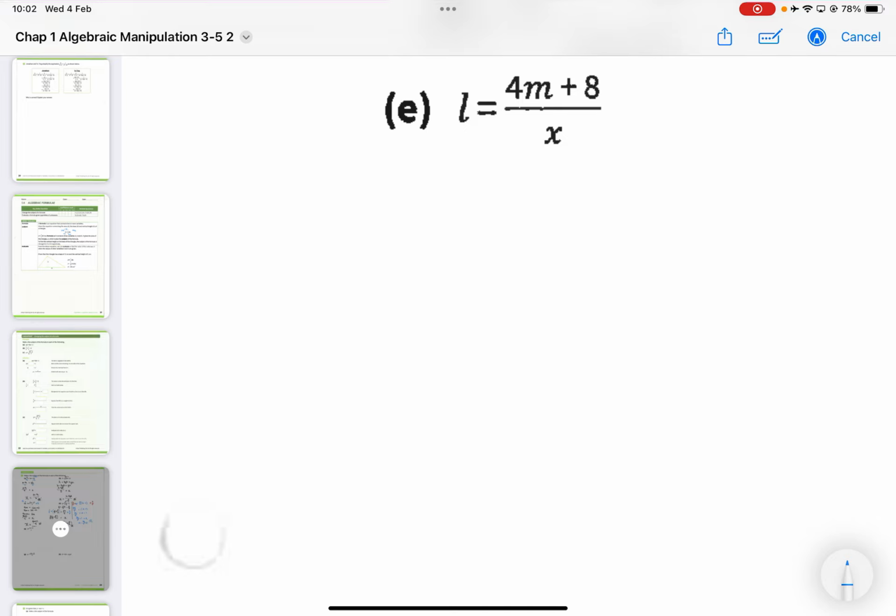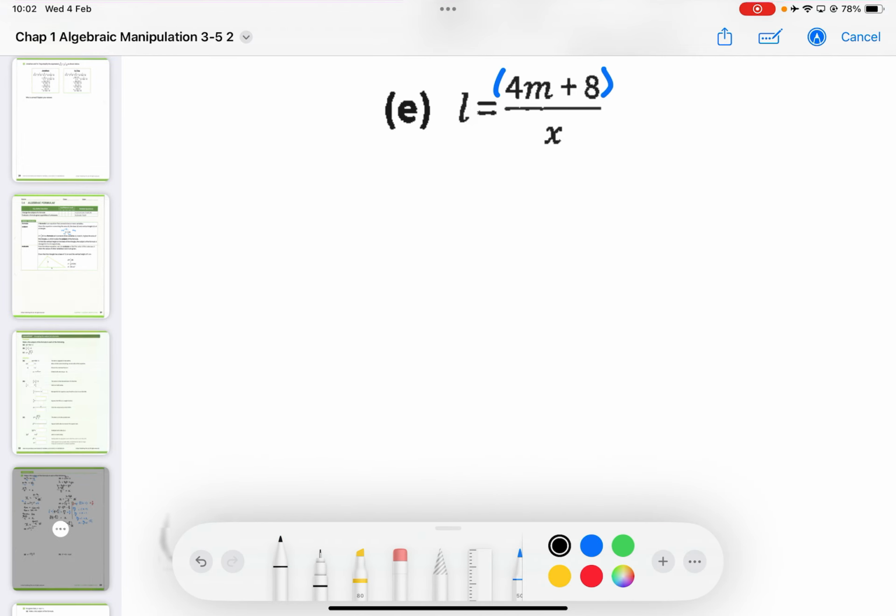Okay, part E. When we see this, what is the first thing we do? Megan? Bracket. Very good. Whenever a fraction has more than one term, we bracket first.